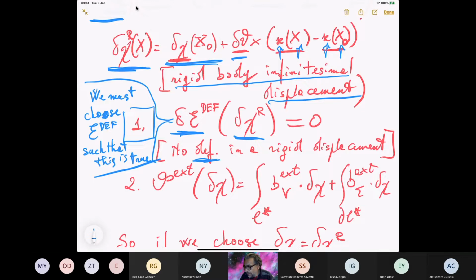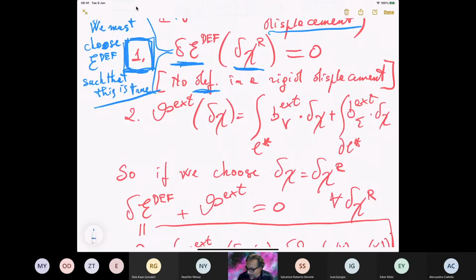When you have a good deformation energy, its variation under a small rigid displacement has to be 0. Because if you don't deform, if you are not changing the deformation state of your body, and a rigid displacement is doing this, then the deformation energy should not change. So in a sense, this is a requirement for the deformation energy.